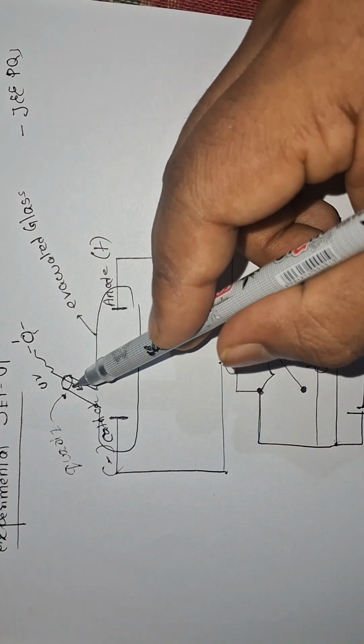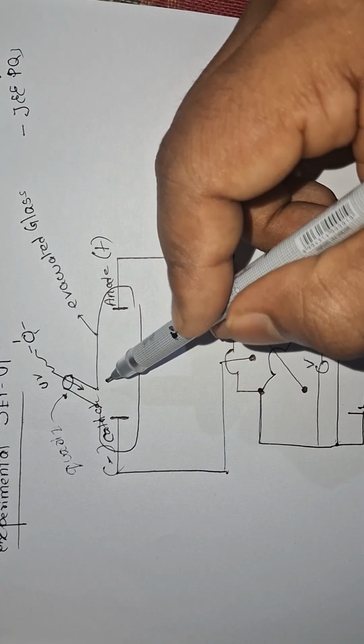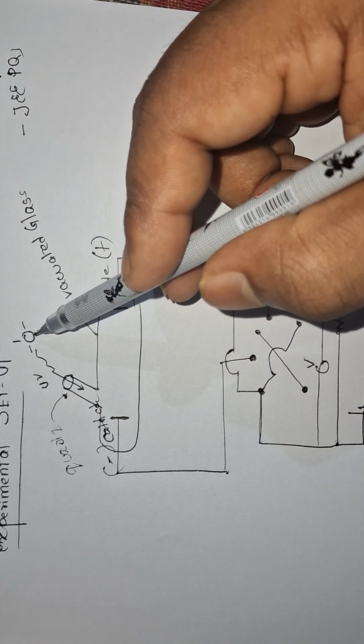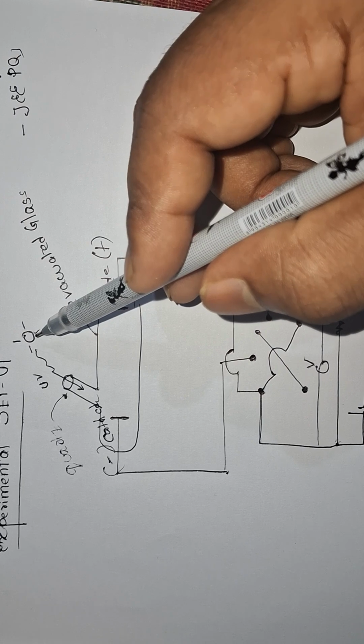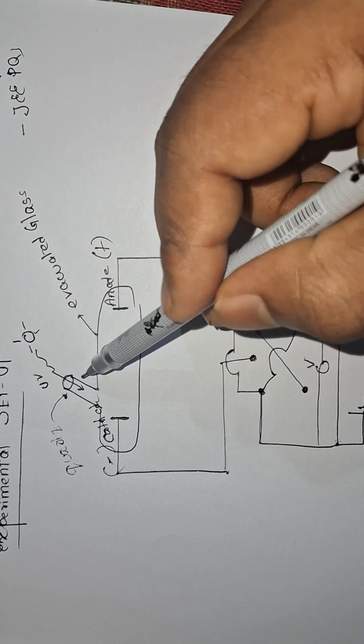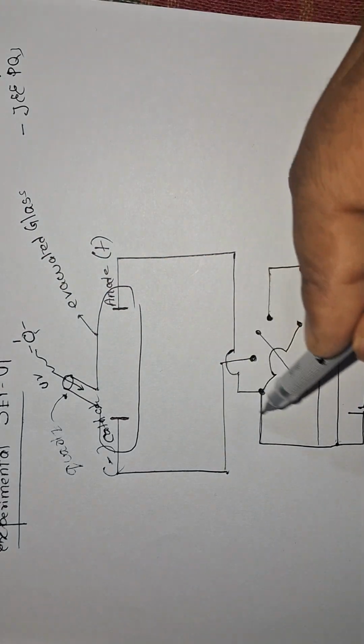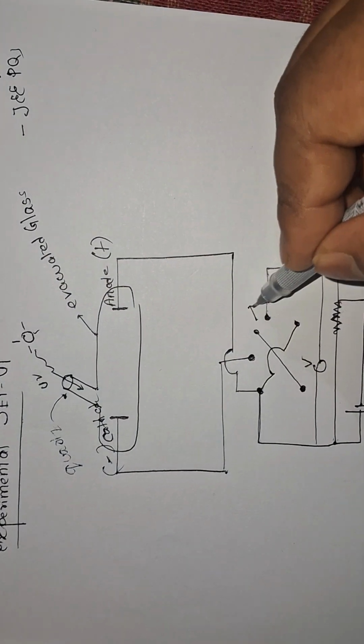This is my quartz glass, and through this quartz glass the light will enter this setup. This is the sun, which as we know is the universal source of all frequencies. From the sun, this UV light will go to the cathode through this aperture. And this is a DT switch, that is, a commutator type switch.